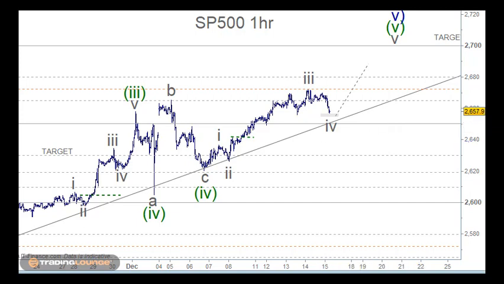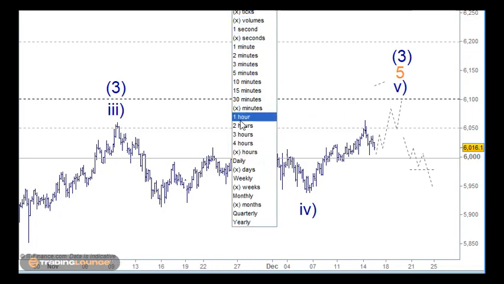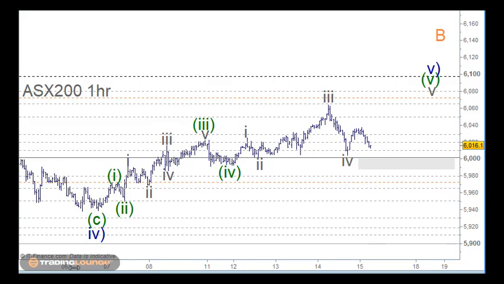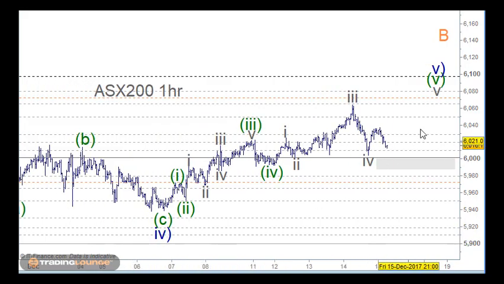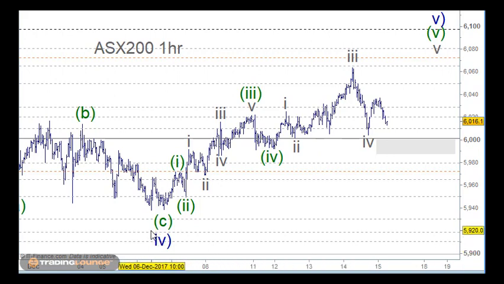So coming back to the Aussie markets and moving into the hourly chart, the move up from this low, I've been looking at counting 5 waves up. Now on this market the low is this point here, but on the cash market, the physical market, that's the low there.